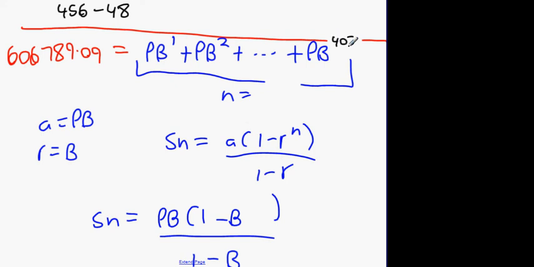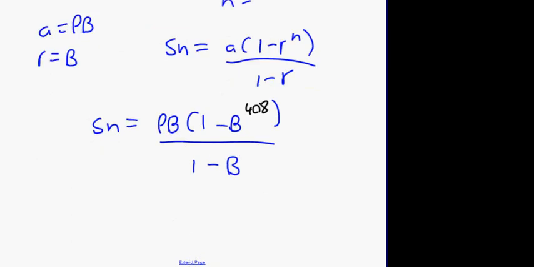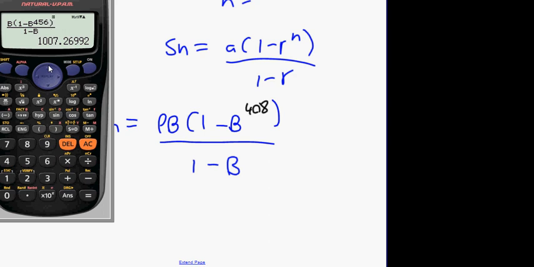So we have 408 here, 408 here, and then you go back up to the calculator and change this part into 408, press equals on the calculator, and you get 823.01.